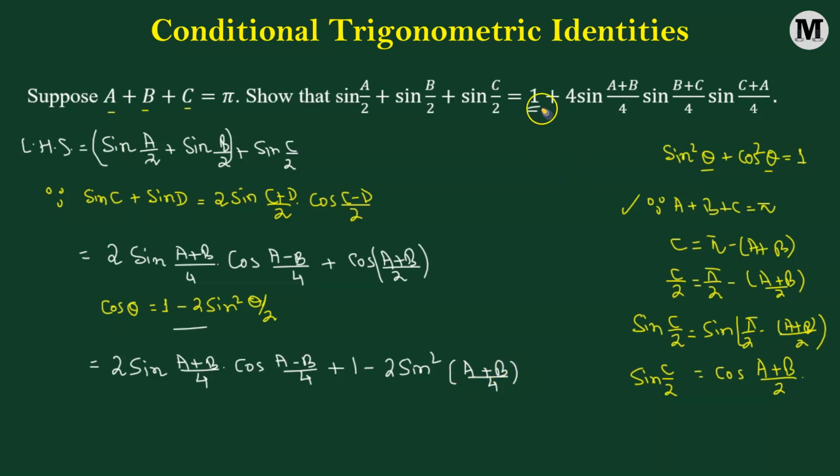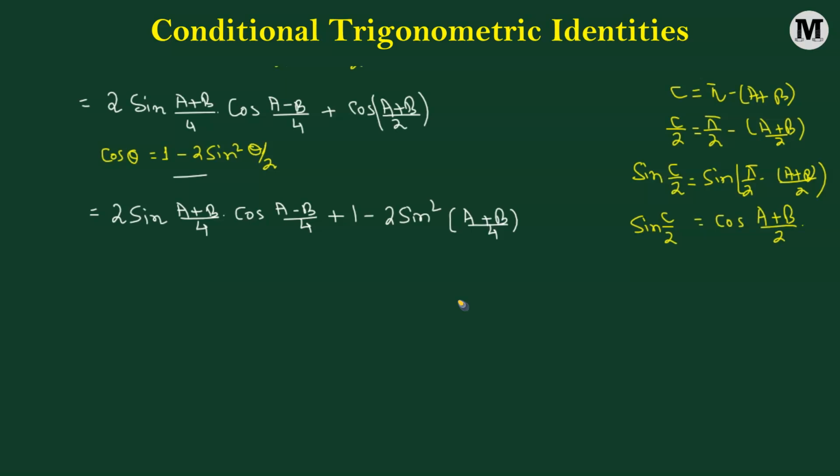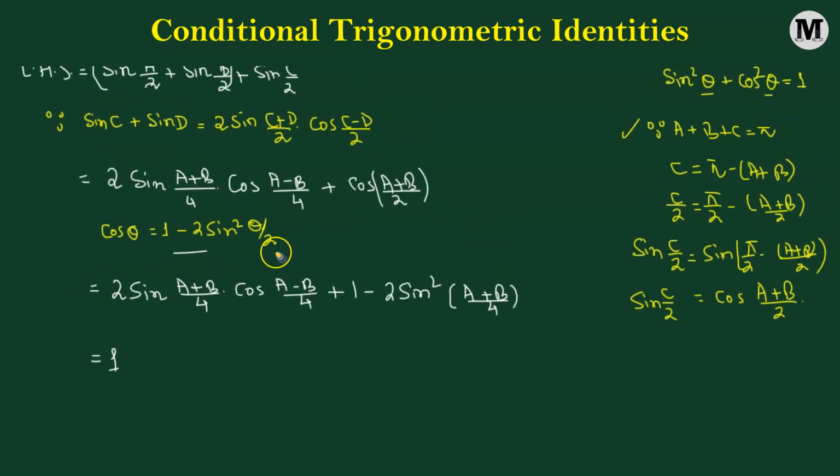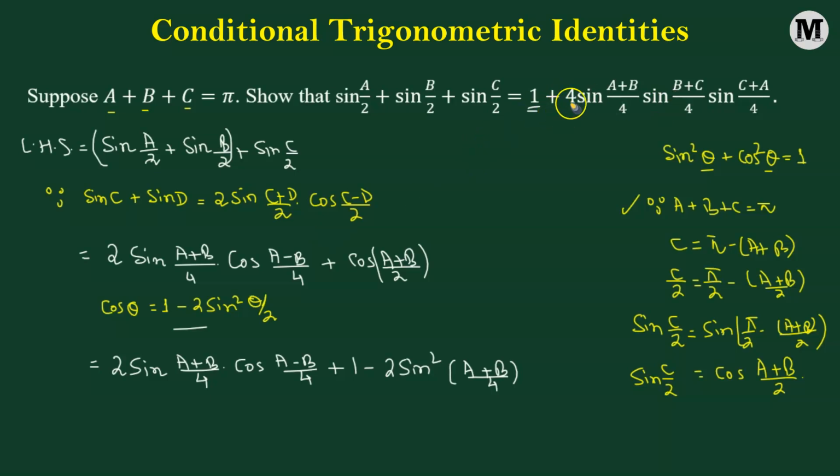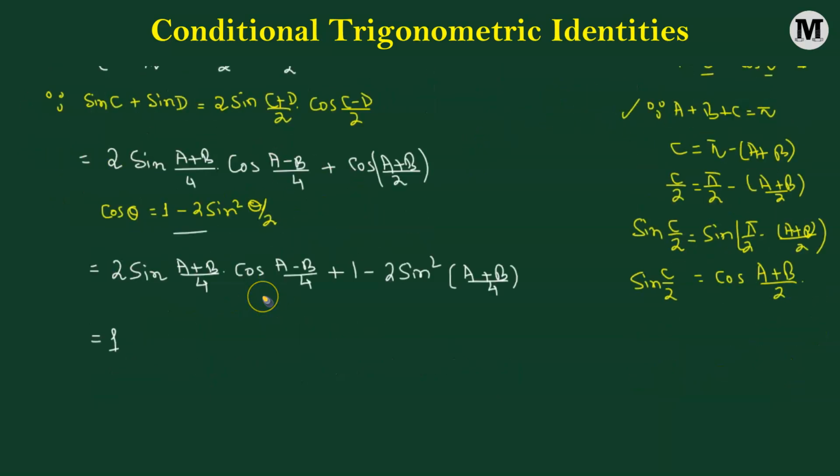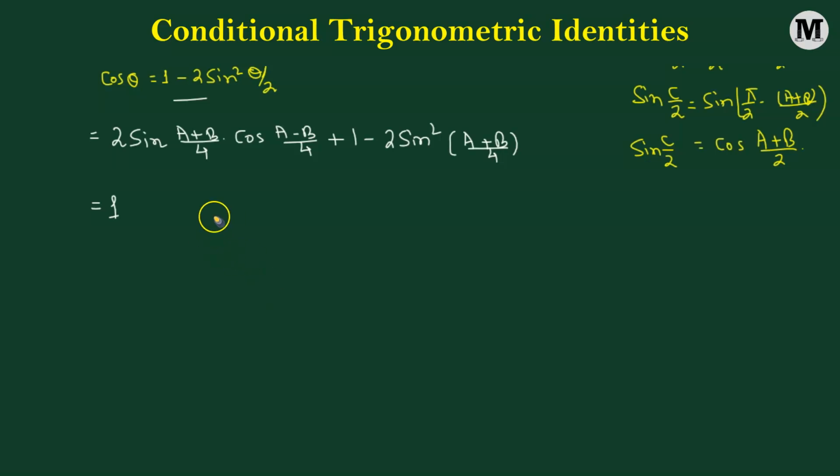Now we have the term 1; we'll keep it aside. We'll keep the first term as it is, and then we take the first term and the third term, from which we can easily take 2 times sine of the angle (a plus b) over 4 as the common factor.